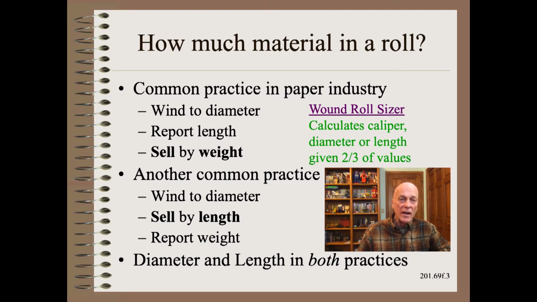In the converting industry, by contrast, it is more common to wind to diameter, sell by length, and report weight. Note that in both scenarios, length is important, if not vital, for you and your customer.